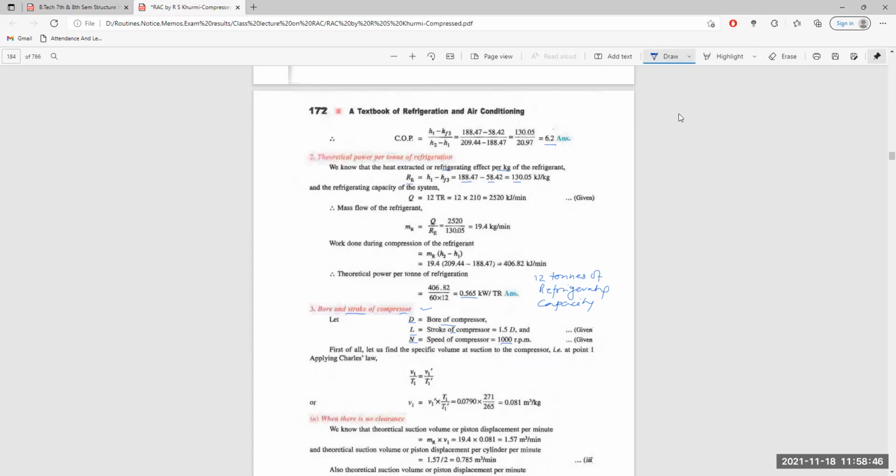So if we apply Charles law, V1 by T1 is V1 dash by T1 dash. Here the ratio of volume to temperature is equal for the initial and final volume and initial and final temperature, more or less the same.